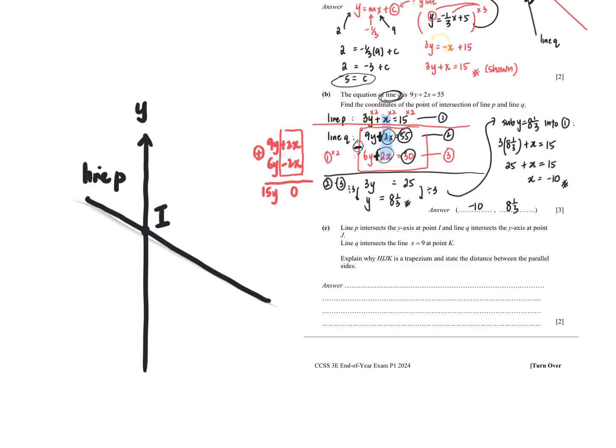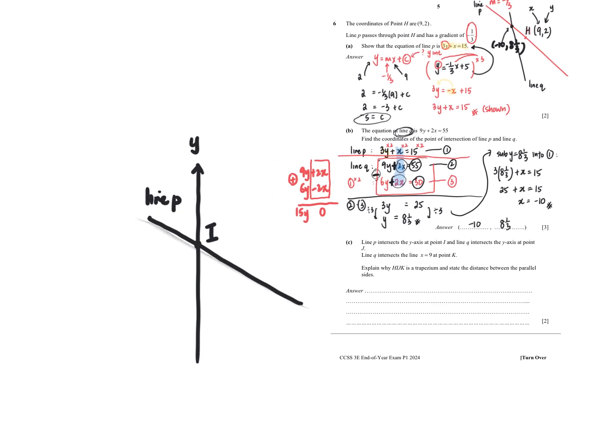Then they say we have another line Q. I don't know where it is, but let's say it is here. I'm just imagining how it looks like.